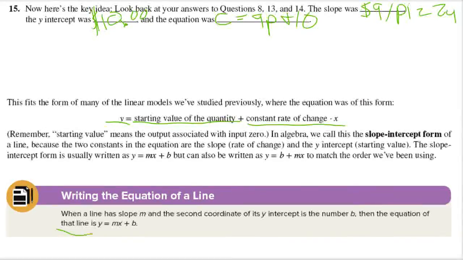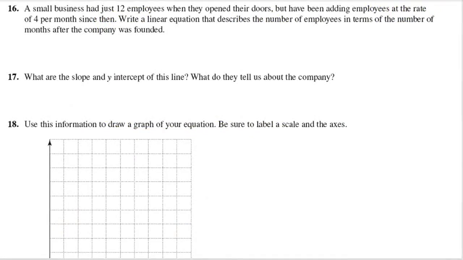When a line has a slope m, and the second coordinate of its y-intercept is the number b, then the equation of the line is y equals mx plus b. So let's go on to question 16. Restart the video once you've answered question 16.